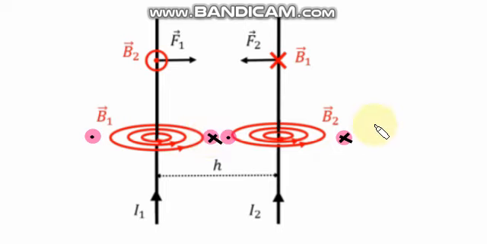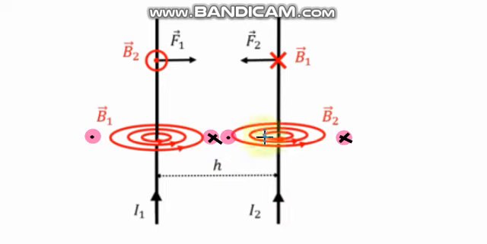So if you consider this area which is between the two wires, the area where the two wires are facing each other. The field due to wire 1 is into the page, and the field due to the wire 2 is out of the page. That is, this field line is leaving the page and this is entering the page.